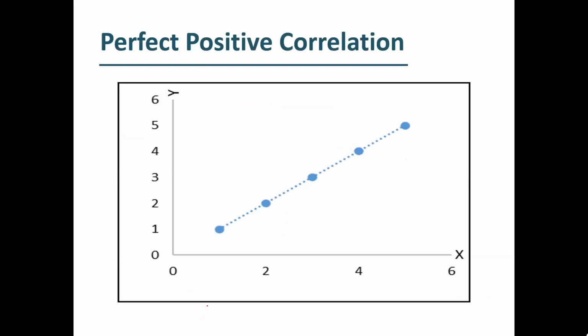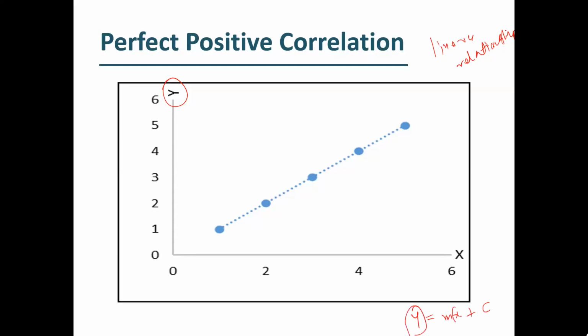Now see this diagram. On the horizontal axis we have variable X, and on the vertical axis we have variable Y. This shows the perfect positive correlation. All data points are on the straight line. Here we are analyzing the linear relationship. If you remember the formula, it is y equals mx plus c.